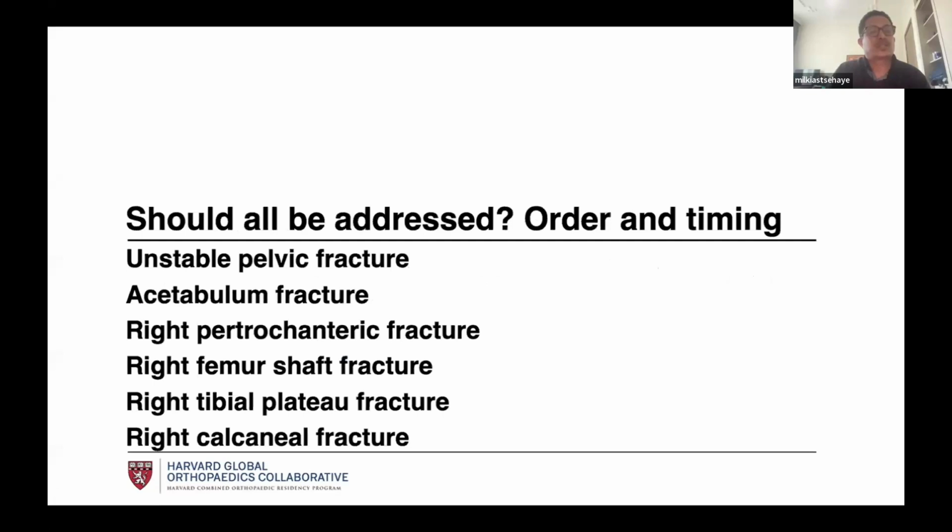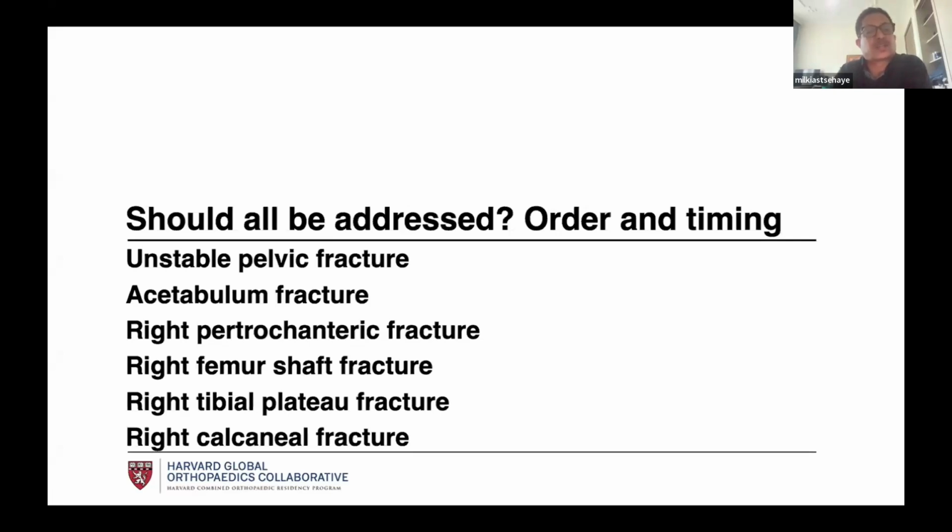The thing I would like to discuss here is whether we should address all the fractures at the same time, or if we have to order them, and about the timing and which fractures to address first. This patient had an unstable pelvic fracture with a complete right-sided sacral fracture, an acetabulum fracture with transverse and posterior wall components, a right pertrochanteric fracture, intertrochanteric and femur neck fracture, and a pelvic fracture as well.